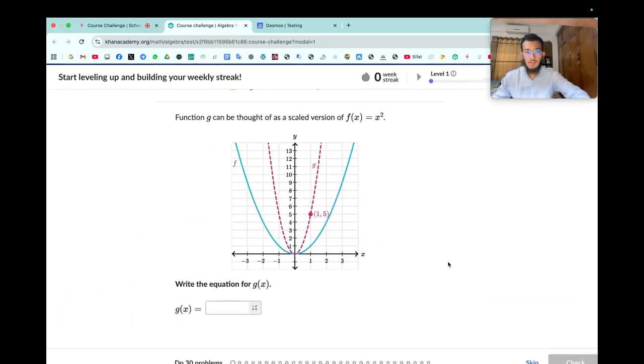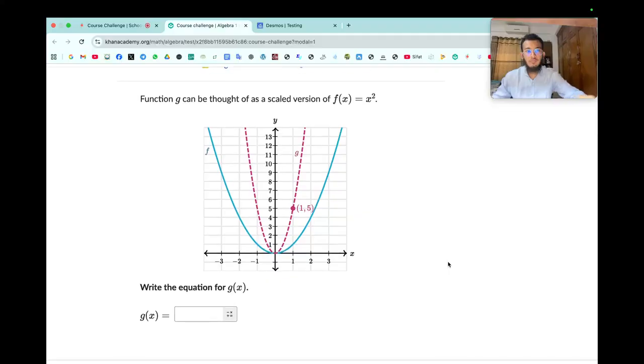So what do you have for the first question? Function g can be thought of as a scaled version of f(x) = x squared. The function f(x) is the one given in blue, and as you can see, it has the same starting point, but it is just reduced inside.